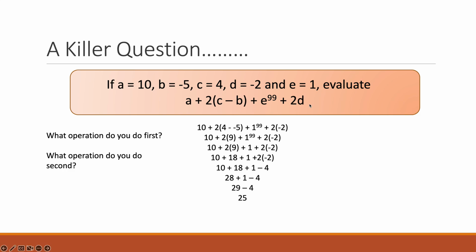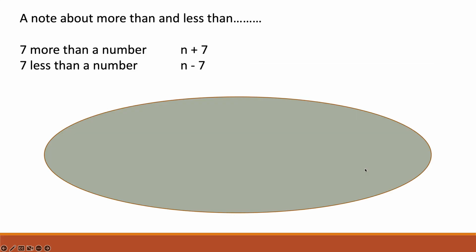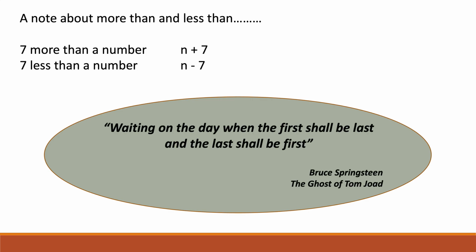Okay, another very important point that we spoke of the other day is a note about more than and less than. And the idea that when we see these phrases more than and less than, we want to remember waiting on the day when the first shall be last and the last shall be first, as Springsteen sang in The Ghost of Tom Joad, which he took from, it wasn't in the Sermon on the Mount by Jesus, but it was one of his teachings.